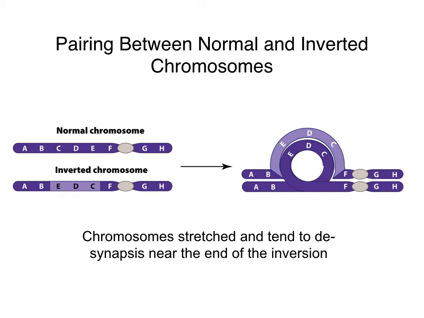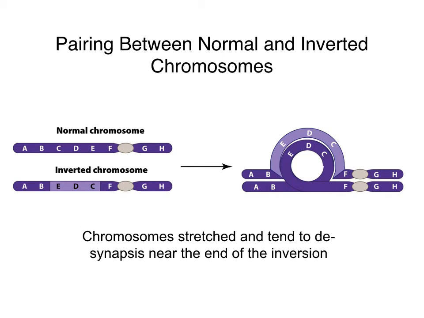And so what results is that if you have that inverted chromosome up there, where, reading from left to right, I'll just read the gene order: A, B, E, D, C, F, then the centromere, G, H. On top there, it's going to synapse with the homologous chromosome, but the homologous chromosome, in order to get the similar regions close to each other, kind of has to stretch and make sort of like a roller coaster loop underneath the inverted chromosome.